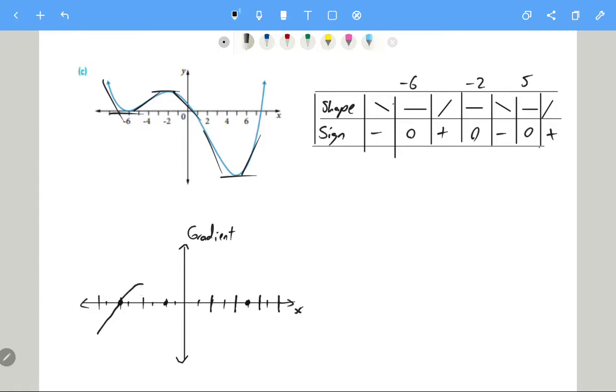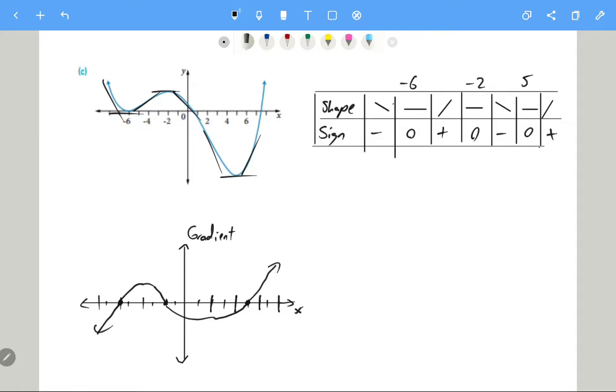and then it's positive, and then it's back to 0, so it turns around, and then it goes to being negative, and then it stays negative all the way until it hits 5, where it hits 0 again, and then it begins to be positive again.